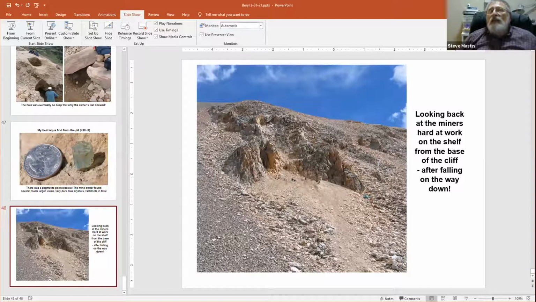Now, we found a little one because most of the big pockets are either being mined commercially, so there's heavy equipment on other parts of the top of that mountain that I was on.